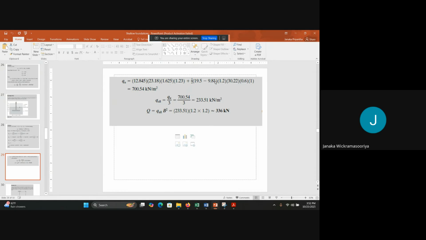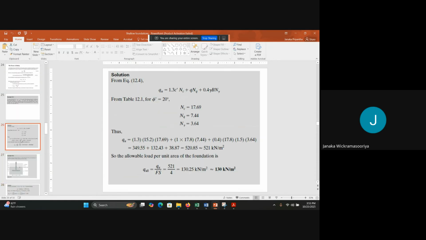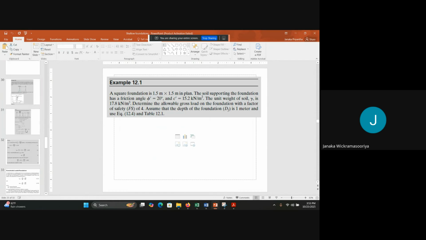Then they applied the equation, and the ultimate one was 700. From Terzaghi's method, you will get a rough approximate value to this one, and factor of safety is 3, and you can find this. That is how you can find the ultimate bearing capacity of a foundation.